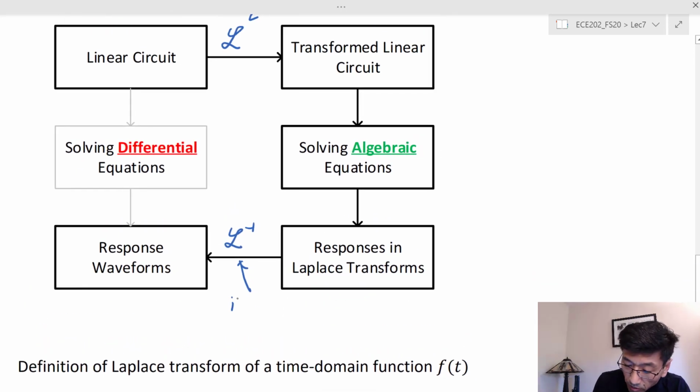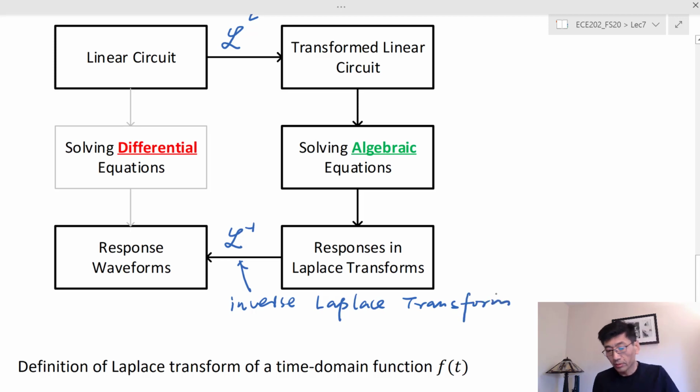So this is called the inverse Laplace transform. Okay, I hope you're convinced that this is going to be really useful, not only in circuits but also in controls.